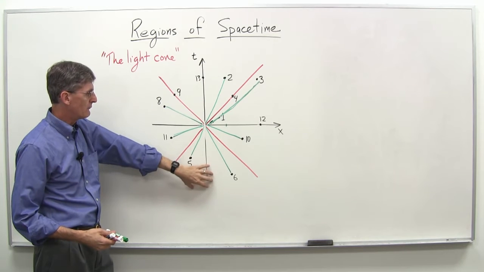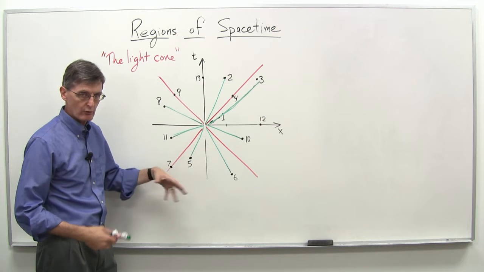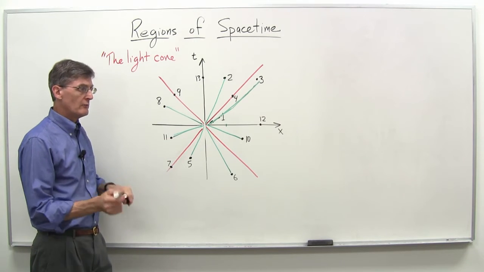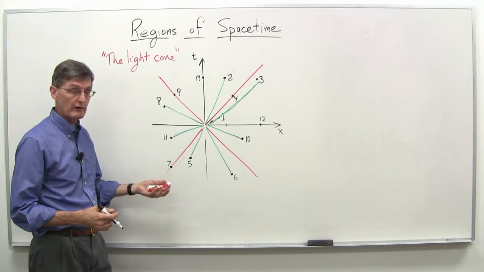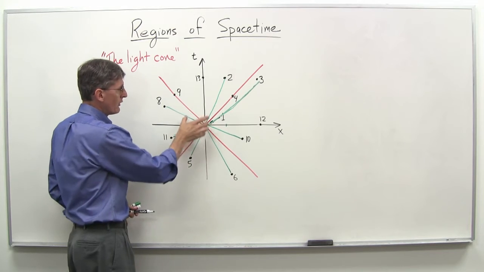Or if I'm in time before point 1, can I get a message there or travel there in time to influence something at point 1? We have three names for these situations, because I can either get there in time, whether I'm going to point 1 or to another point.